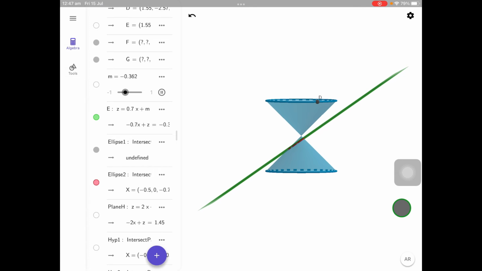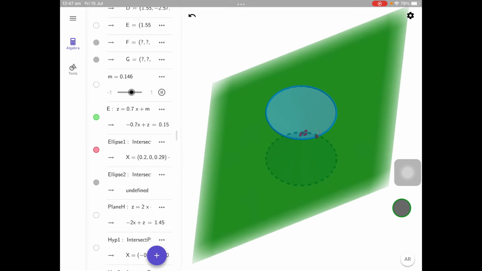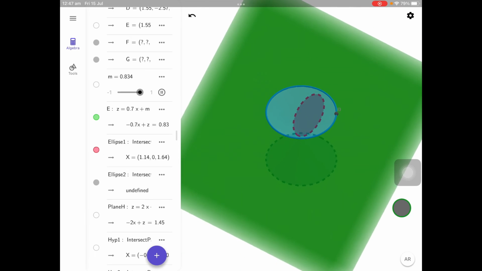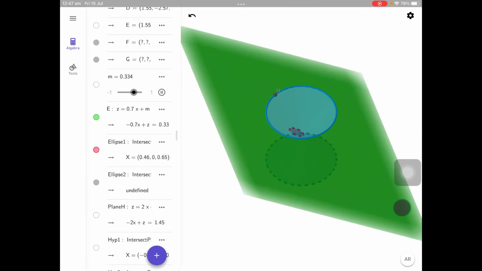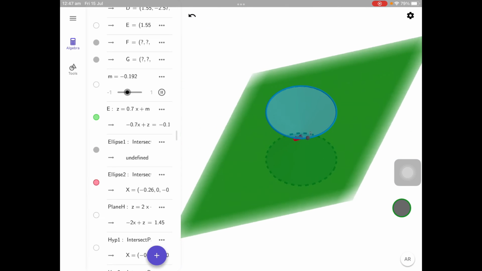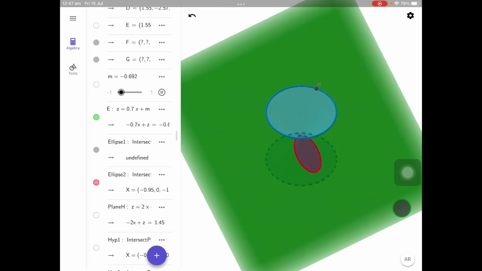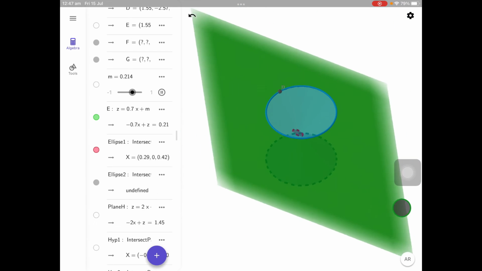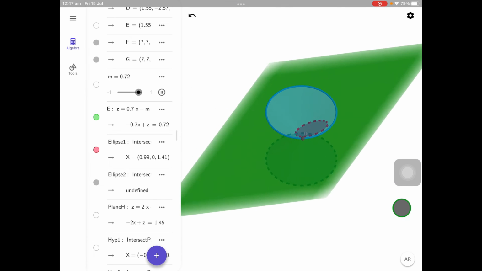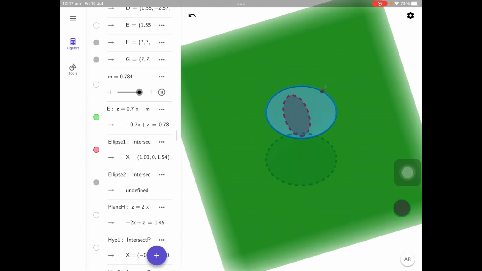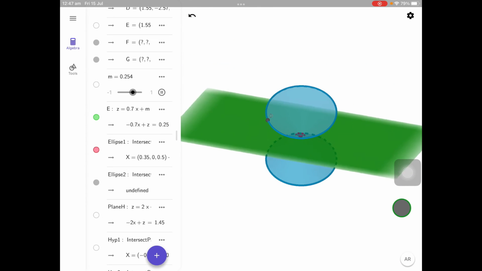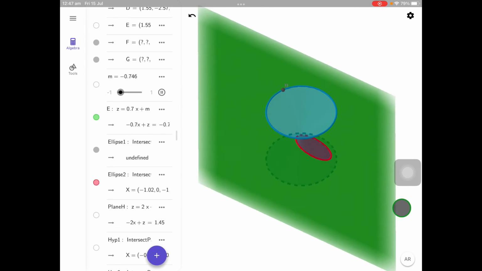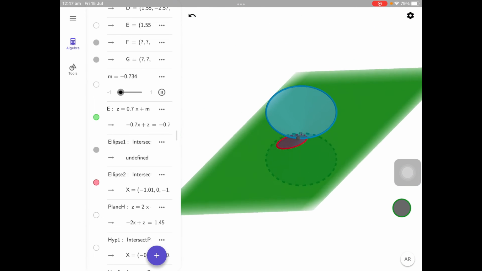As we move the plane with respect to the cone, we get an ellipse. So if the plane does not pass through the vertex of the cone, that is a non-degenerate case, we get an ellipse. Whereas if the plane passes through the vertex of a cone, we get a degenerate case, and that intersection between the cone and the plane is a point.